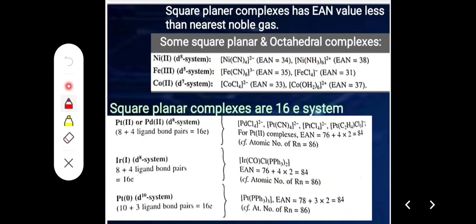Square planar complexes have an EAN, effective atomic number, value less than the nearest noble gas, because they have 2 electrons less.